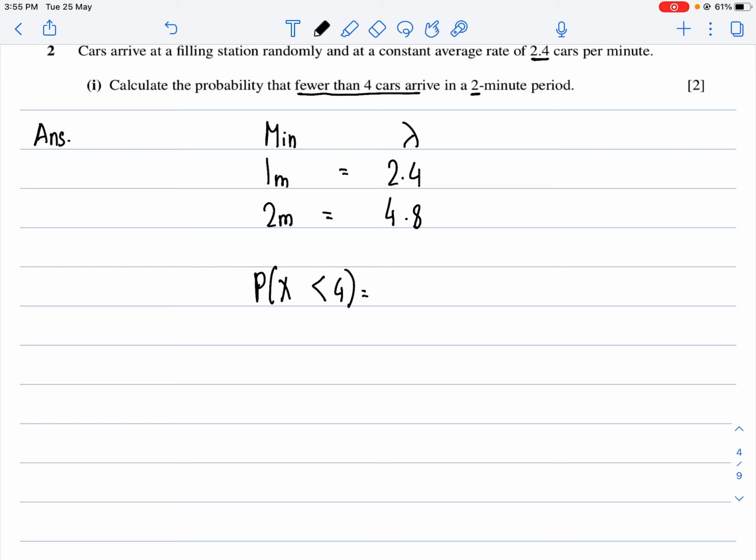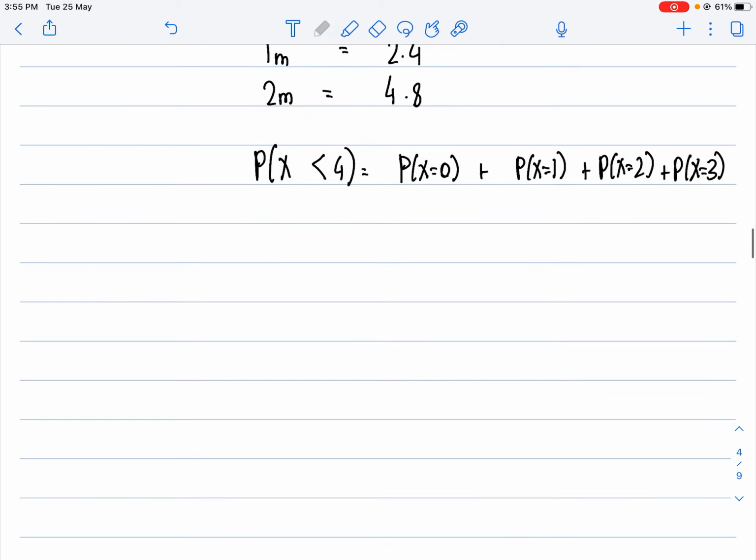That means the probability of x equals 0 plus the probability of x equals 1 plus the probability of x equals 2 plus the probability of x equals 3. My formula for Poisson is simply e raised to minus lambda into lambda raised to x over x factorial.